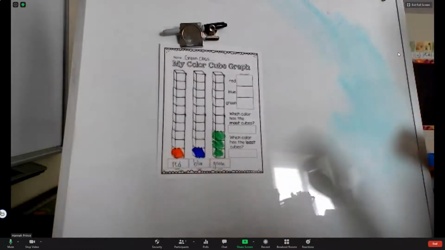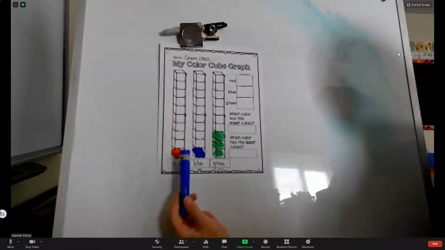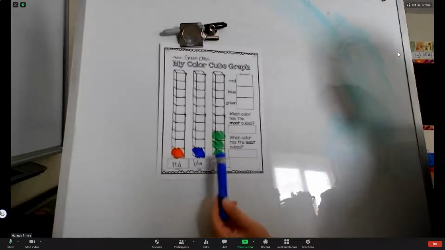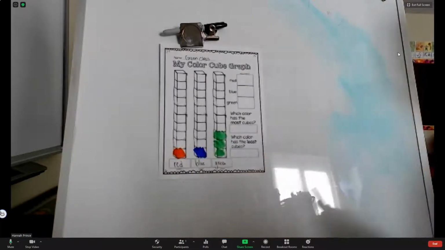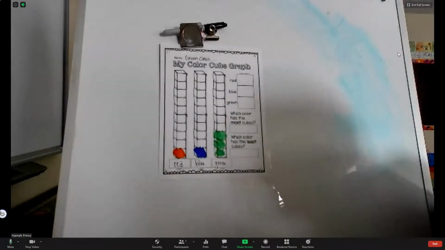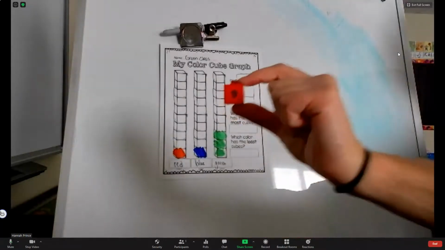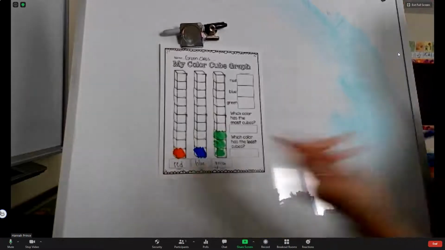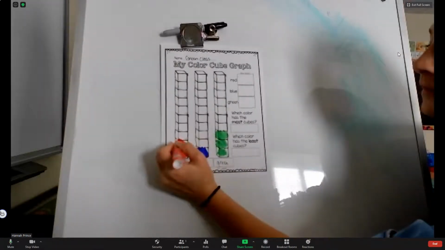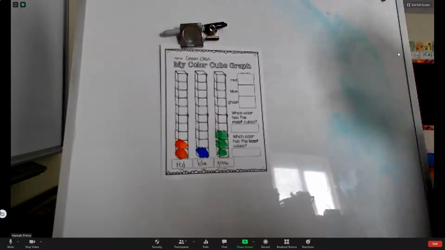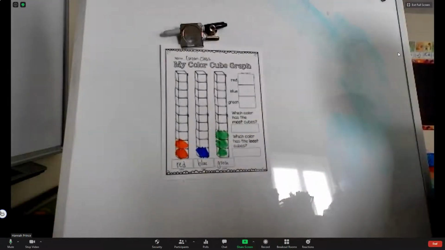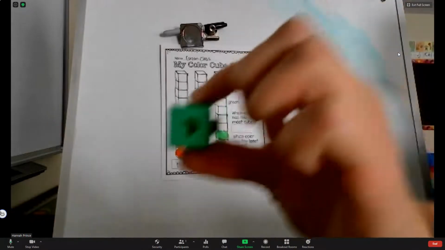Okay, I said we were going to do 10, so let's see how many we have so far. 1, 2, 3, 4, 5. So I can draw 5 more cubes. Red. Okay. Green.